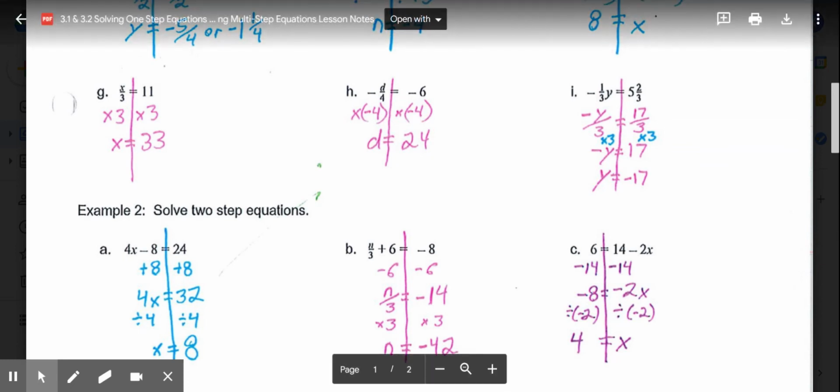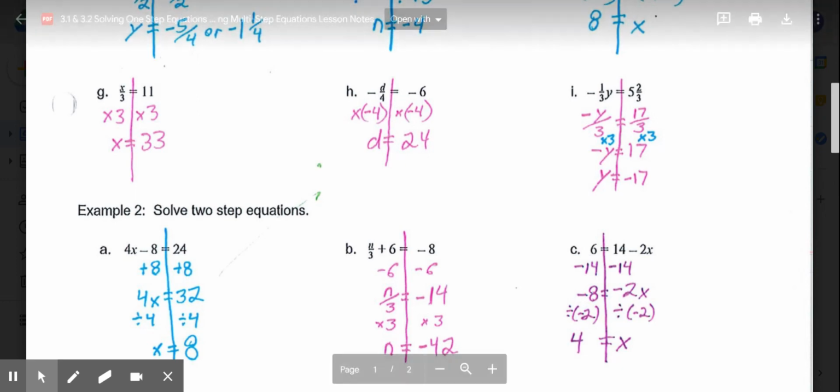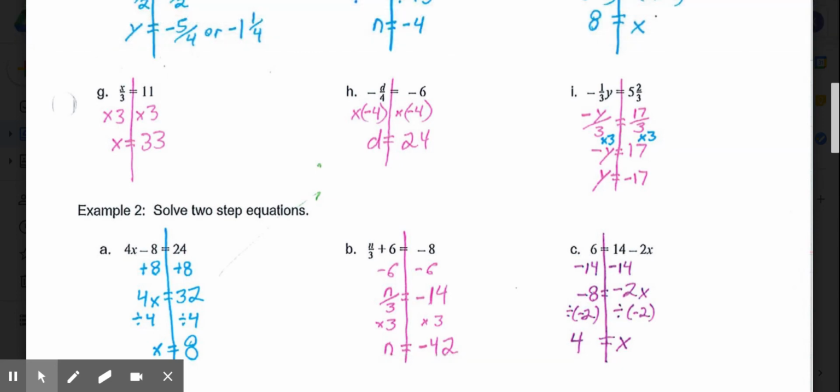And then our last example for today, we have i here, a negative 1/3 y equals 5 2/3. So you can think of this as a negative 1/3 multiplied by y, or multiplying this by a negative 1/3 would be the same thing as a negative y over 3, or a y over negative 3. So in this case, a negative 1/3 y, same thing as negative y over 3.